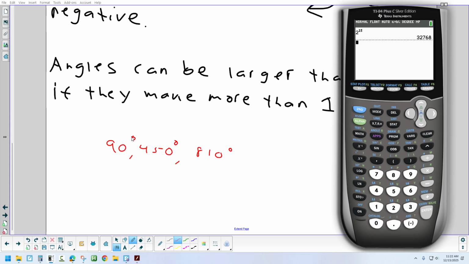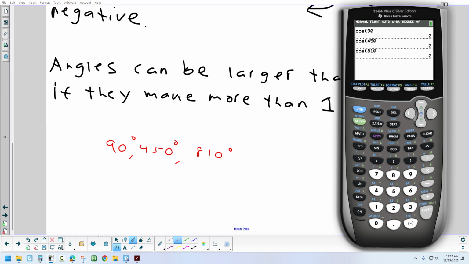Okay. So let me type in the cosine of 90. What I got? I got 0. We don't know too much about cosine yet. I just want you to look at a pattern here. Let's do the cosine of 450. 0. Cosine of 810. What do you think that's going to be? 0. That's also 0.